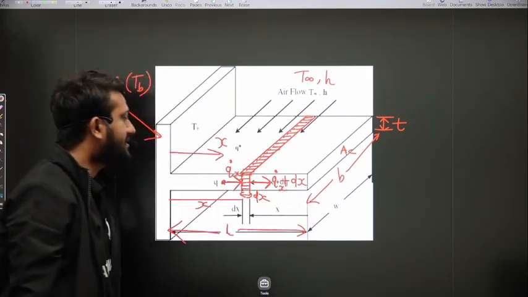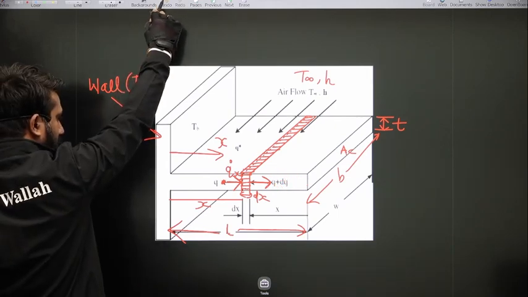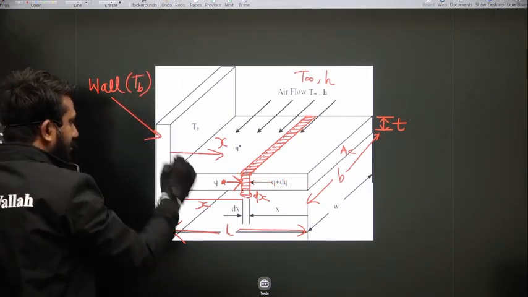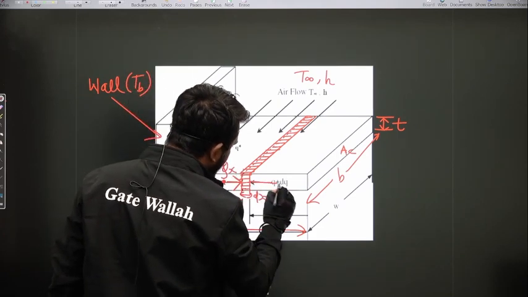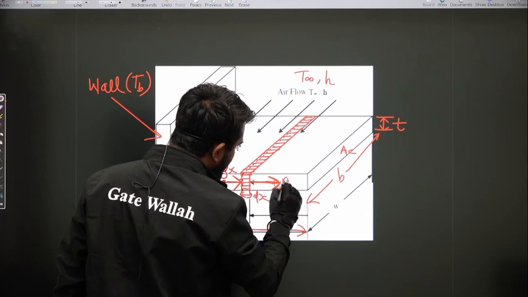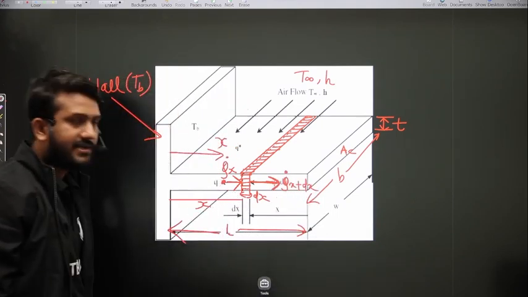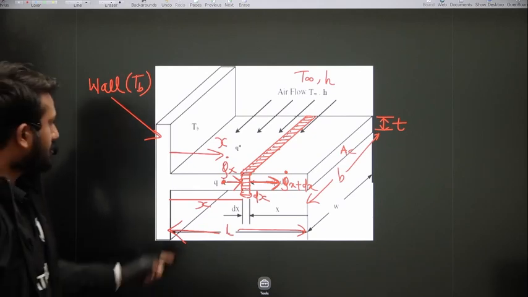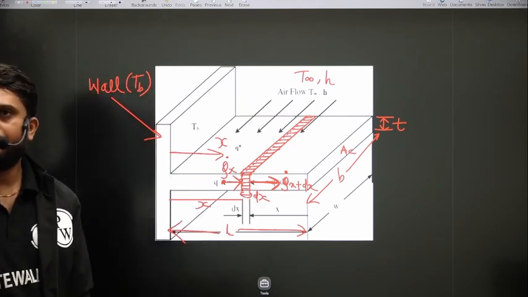So this is the conduction heat transfer within the fin, right?